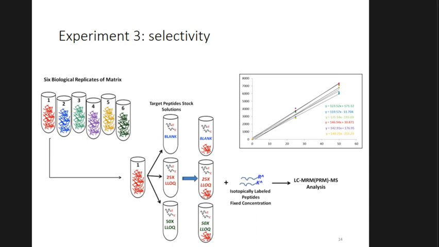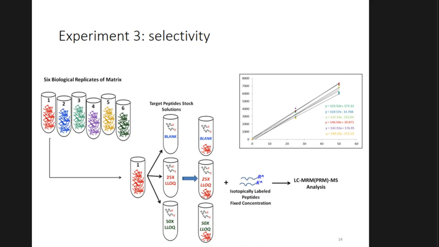So you'll take your 6 biological replicates of matrix, spike your standards. Again, we're going to kind of use a mini curve method of doing this. So there'll be a blank where we don't add any of our standards, some middle range set of standards that we feel pretty confident we'll see, and then finally a pretty screaming concentration of standards that we should definitely see.